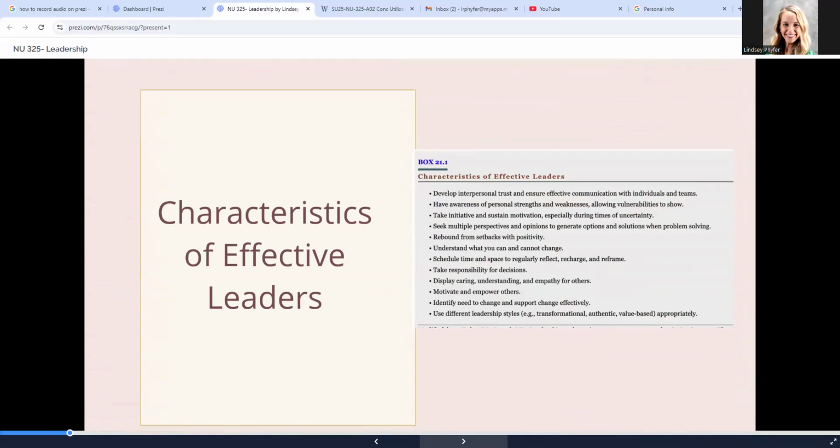So, what are some characteristics of effective leaders? This is a box that's straight from your textbook, but I'm going to talk to y'all a little bit more in detail about it. The first one is to develop interpersonal trust and ensure effective communication with individuals and teams. And we're going to talk about strategies to help promote effective communication later on in this lecture. Effective leaders need to have an awareness of personal strengths and weaknesses and allow their vulnerabilities to show.